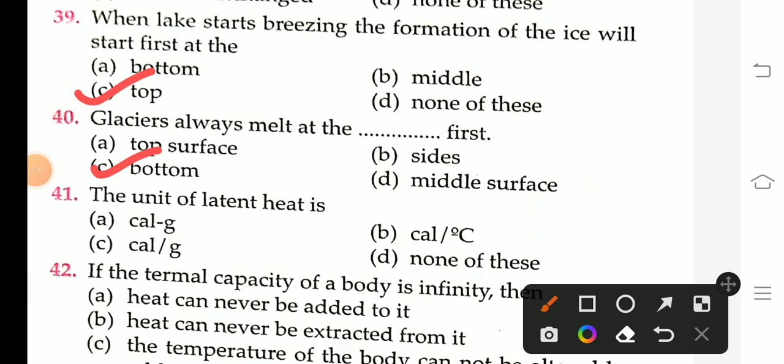The unit of latent heat is, right answer, option C, calorie per gram.